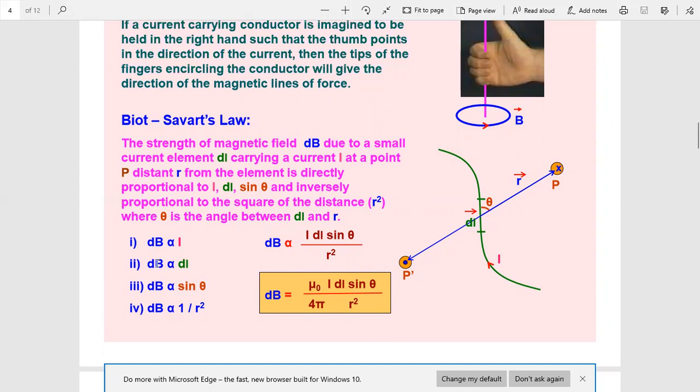Now, and inversely proportional to the square of the distance between the point where magnetic field is to be measured.